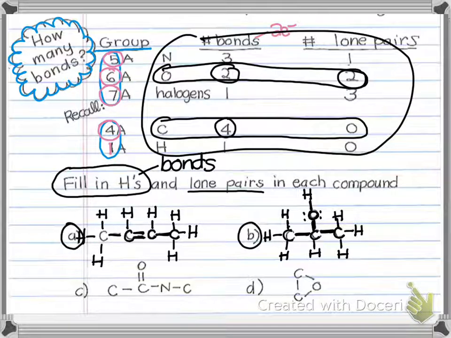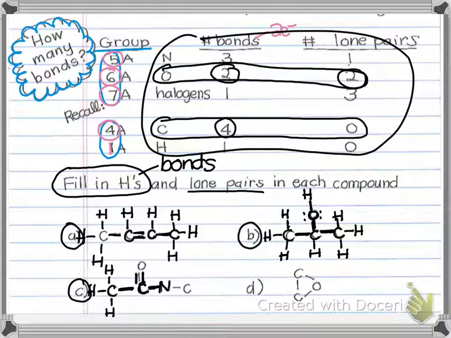So let's do letter C. This carbon has 1 bond, and carbon needs 4, so that's 2, 3, 4. This carbon has 1, 2, 3, 4, so I wouldn't add anything.